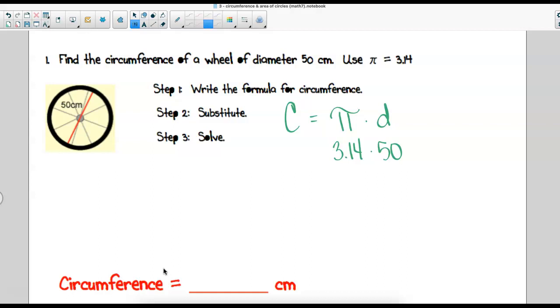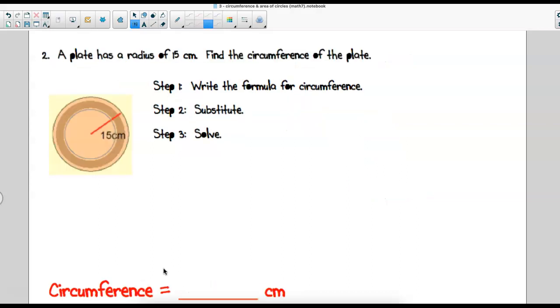You get 157 centimeters. So the circumference of the wheel, the distance around it, is 157 centimeters. Make sense? Yeah. Okay.